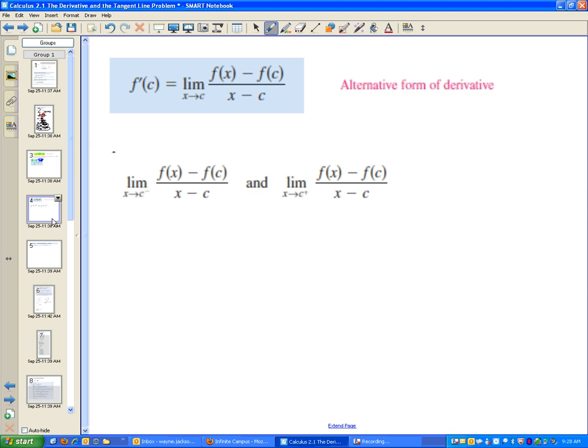Now, calculus being calculus, it's not good enough to have one definition of the derivative. We need an alternative definition of derivative. So this is on page 101.